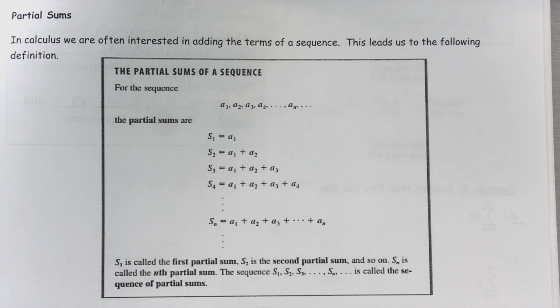So the notation is important here. S sub 1, right? Little subscript. S sub 1 is just A1. S sub 2 would be the sum of A1 and A2. S sub 10 would be A1, A2, A3, A4, and so on, the subscripts all the way up to 10 added together. Does that make sense?